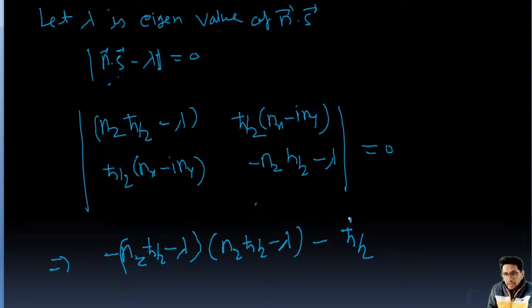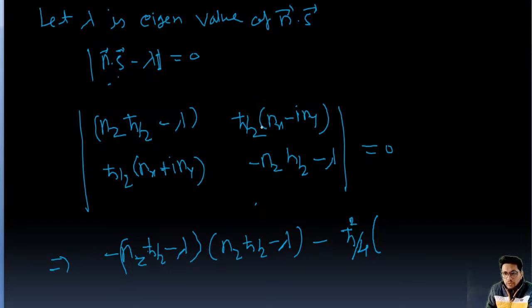Directly I'm writing h square upon 4 into this will get multiplied, right? nx, and this is plus, guys.